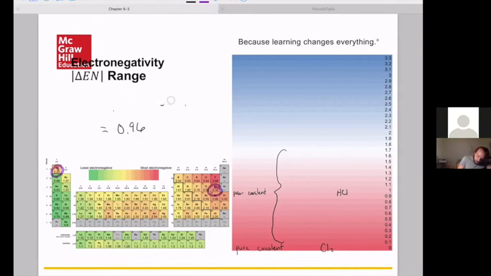So for example, we would say that the OH bond is more polar than the NH bond. And we can do that by calculating the difference in electronegativity for each. For oxygen and hydrogen, I have 3.44 minus 2.20.